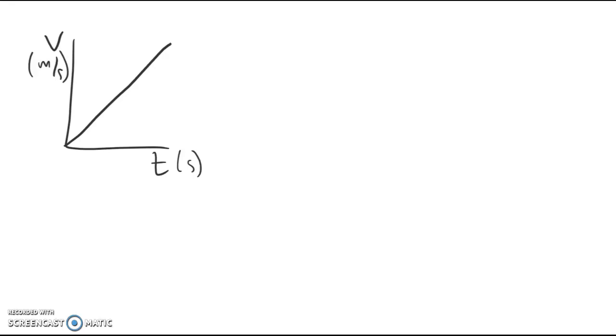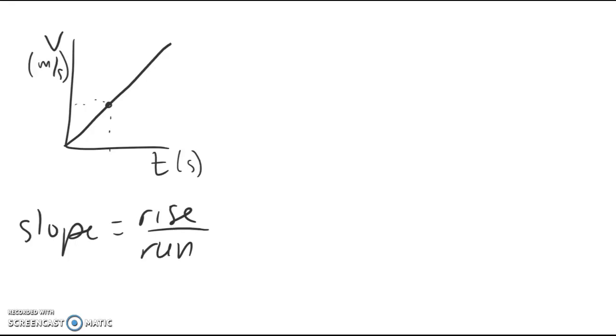Let's use some unit analysis to figure out what we can determine from this. Here we can literally just read off the velocity at a certain moment in time. Look at whatever that time is, read over whatever that velocity is. All right, that's simple enough. Let's see what the slope will tell us. We know slope is rise over run.